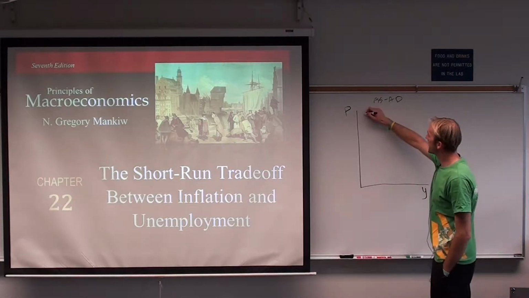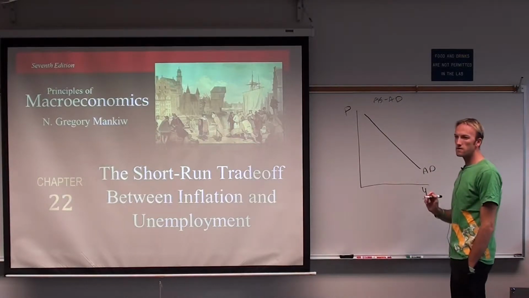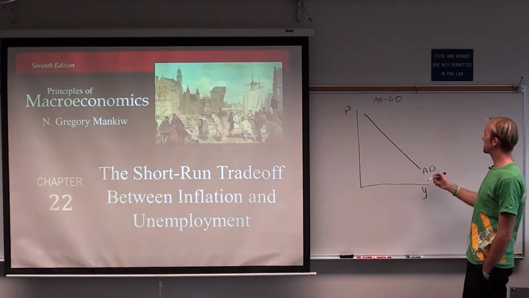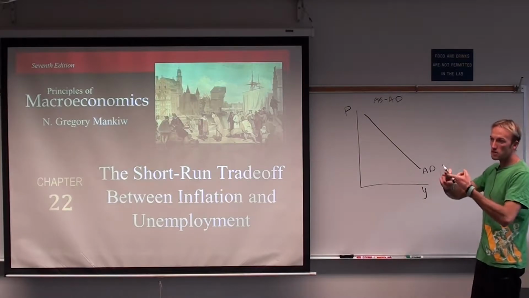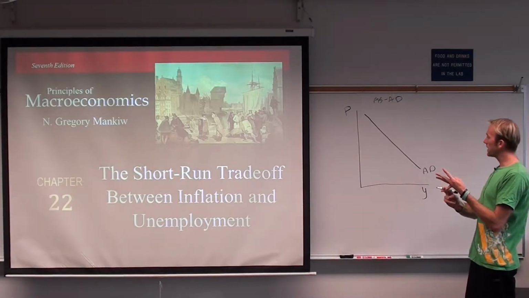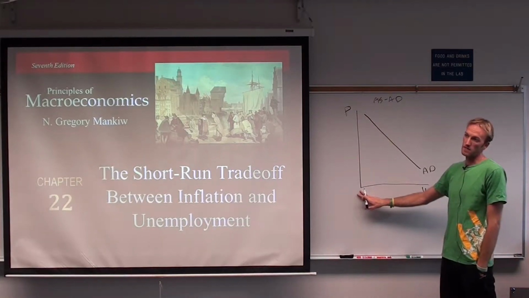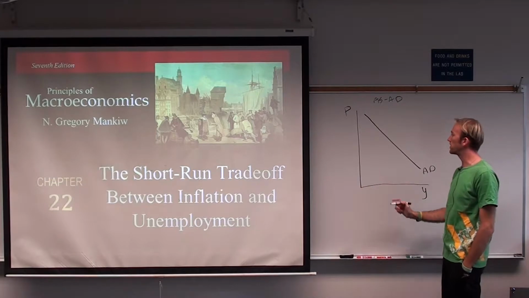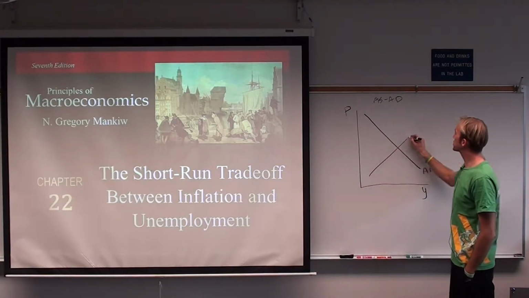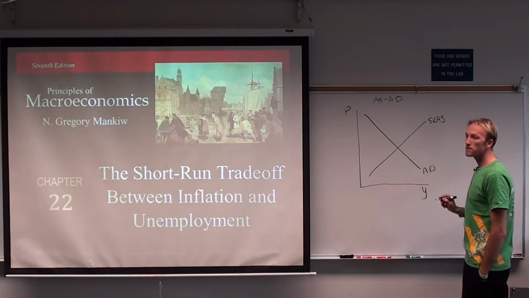Okay, so then we have an AD curve, and the AD curve slopes downwards because it's composed of consumption, investment, government spending, and net exports, right? And so anytime the price goes up, we buy less of those things. Basically, that's the short version of it. Now, there is a short-run aggregate supply curve that slopes upwards, right?